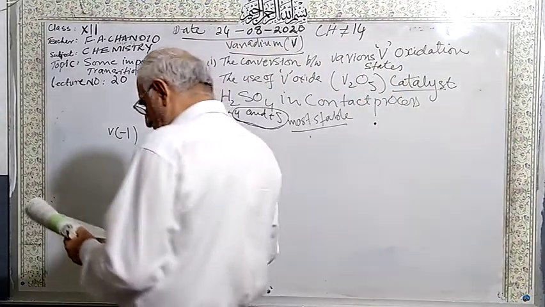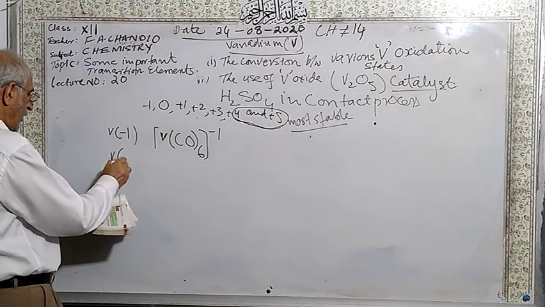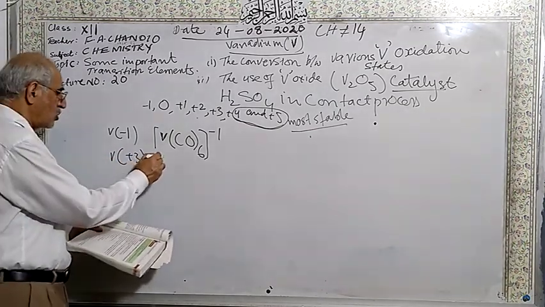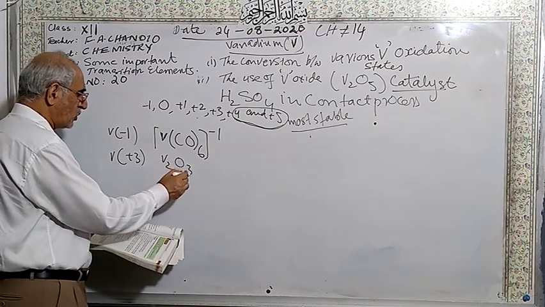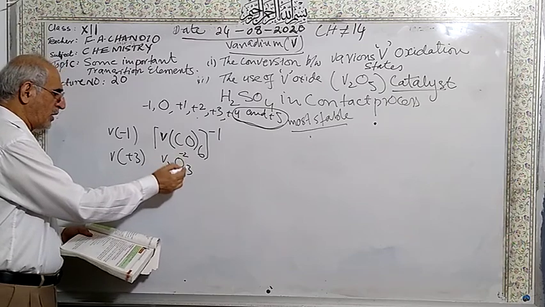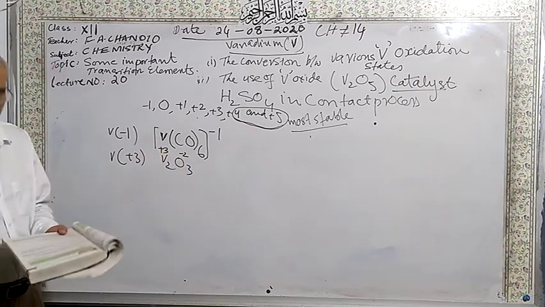And you can see from here, suppose I am going to write for vanadium +3 compounds. So V2O3. Oxygen is -2 multiplied by 3, -6, and +3 multiplied by 2, +6.